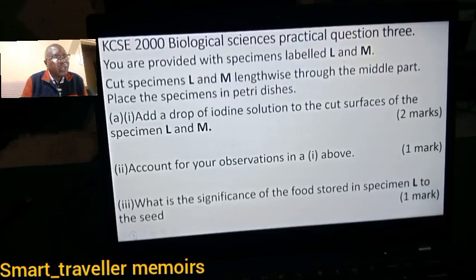Account for your observations in A1 above. And A. Roman 3. What is the significance of the food stored in specimen L to the seed? 3B. Draw and label the internal parts of specimen L. State the magnification of your drawing. C. State 2 observable differences between specimen L and M.